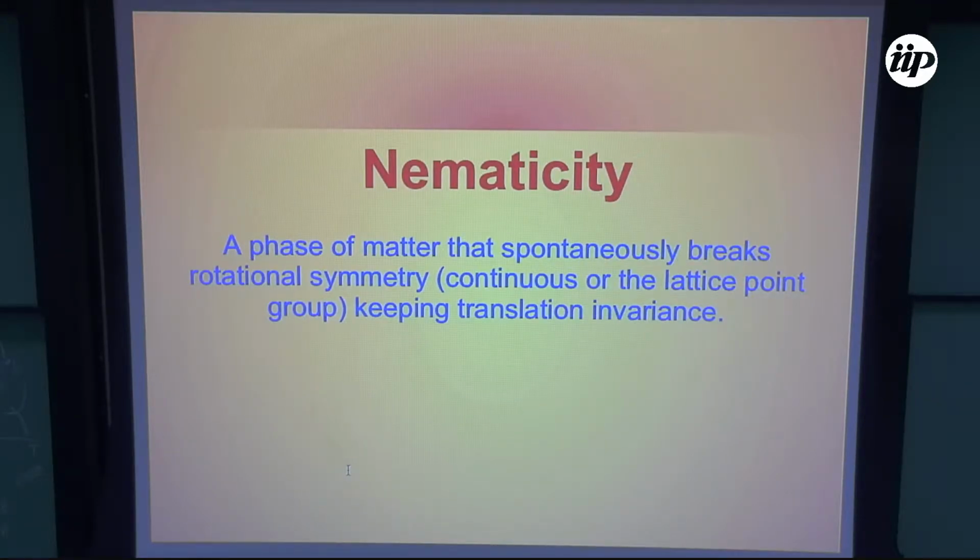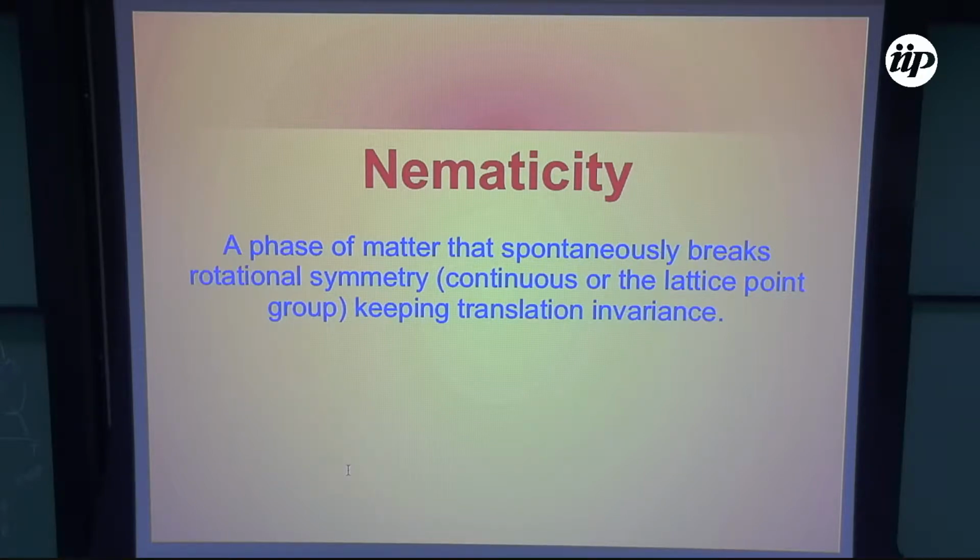Let me begin at the beginning. What do we understand by nematicity? The nematic phase is a phase of matter that spontaneously breaks rotation invariance but keeps translation invariance, like an isotropic liquid. But the order parameter is not a vector. The magnetization is a vector, and it is different if you point, for instance, up or down.